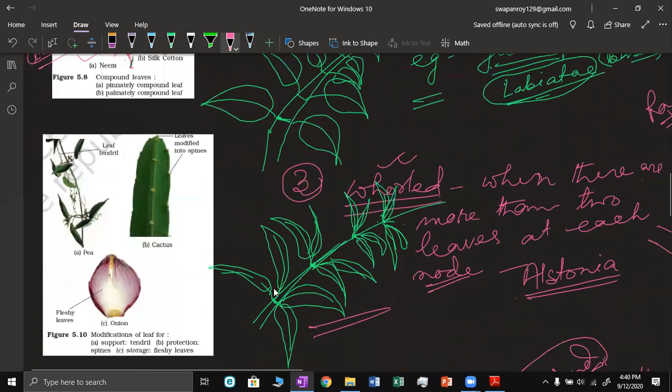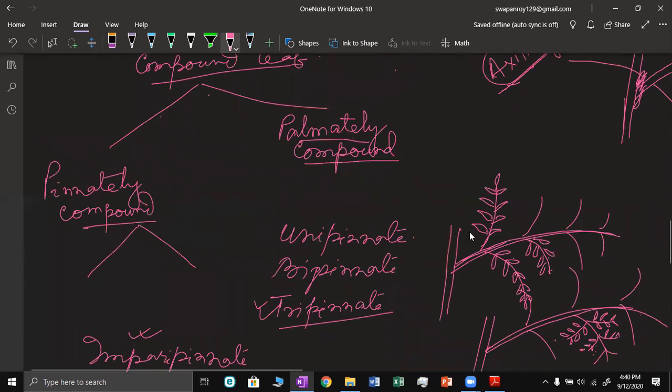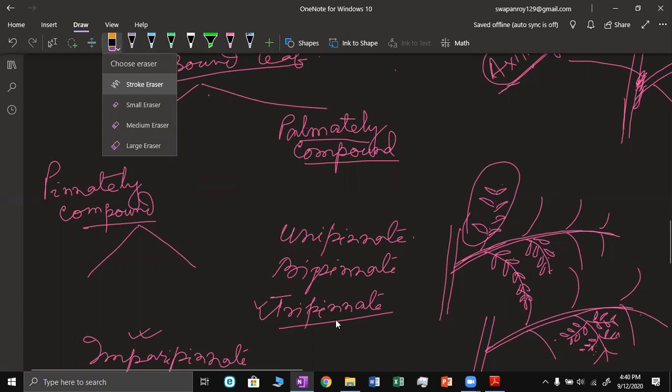When there is an odd number, it is imparipinnate. If the leaflet number is even, then it is paripinnate. This one I have drawn is imparipinnate. If this one is removed and there is nothing here, now these numbers are equal. So in that case, it is paripinnate.